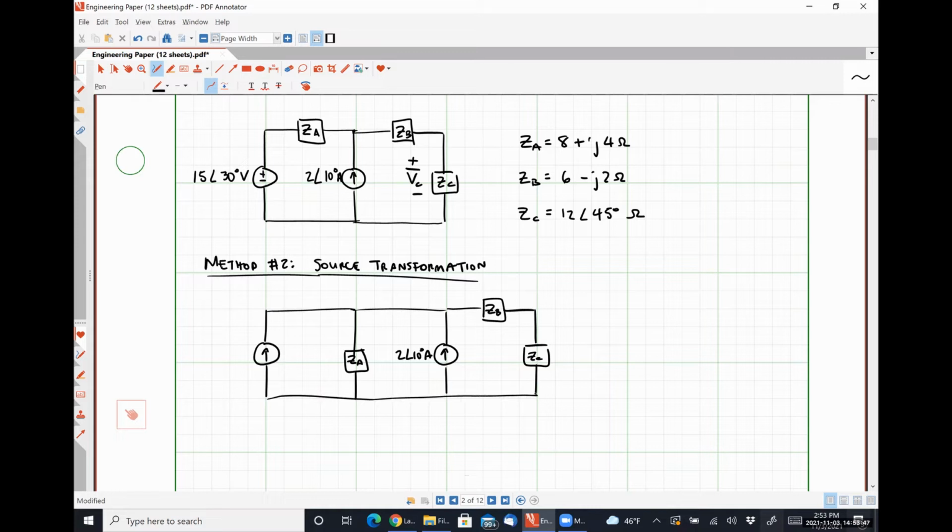And I'm going to be lazy and just say that this is going to be 15 angle 30 degrees volts divided by ZA, because that's the exact value that it'll have.